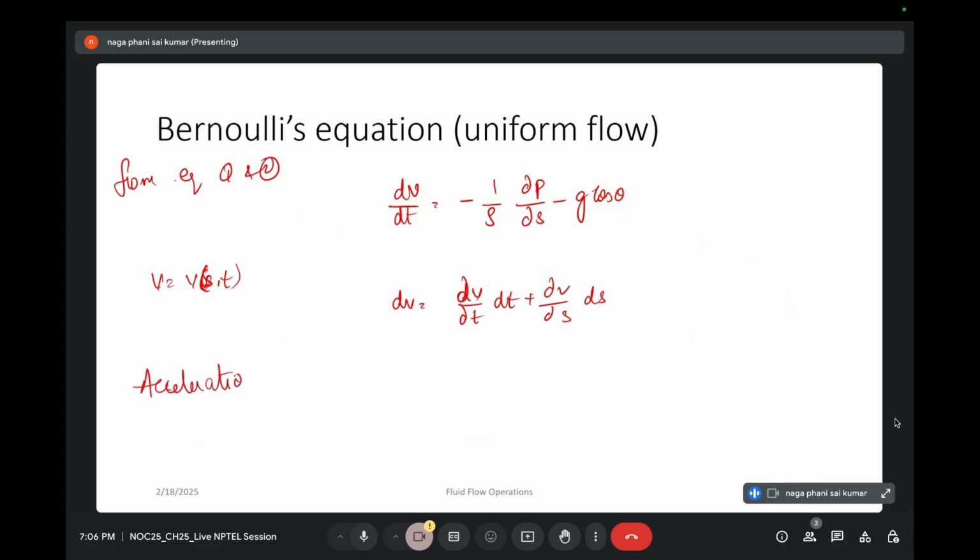Your main concern is to calculate acceleration, right? So acceleration is written as dv by dt, which is equal to dou v by dou t plus dou v by dou s into ds by dt, which is nothing but dou v by dou t plus v into dou v by dou s, because ds by dt is v. This gives us the acceleration.